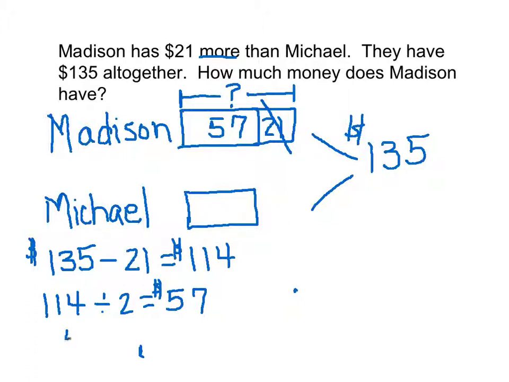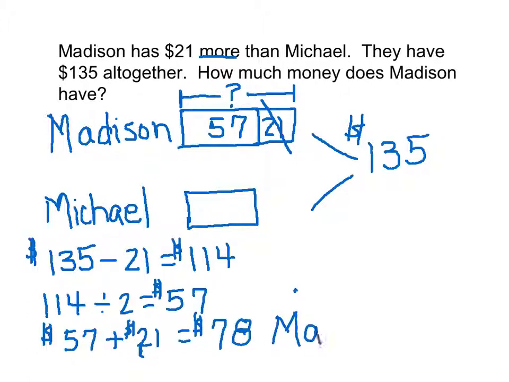So I would need to add together the $57 and the $21. And of course that is equal to a total of $78. So Madison has $78.